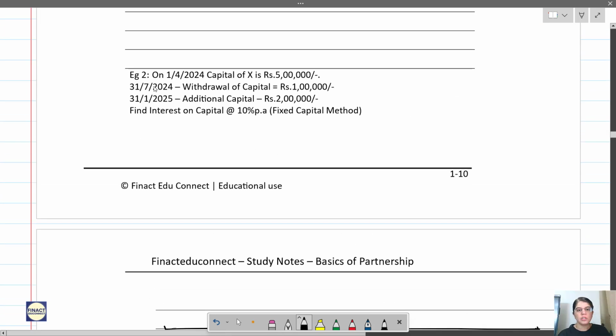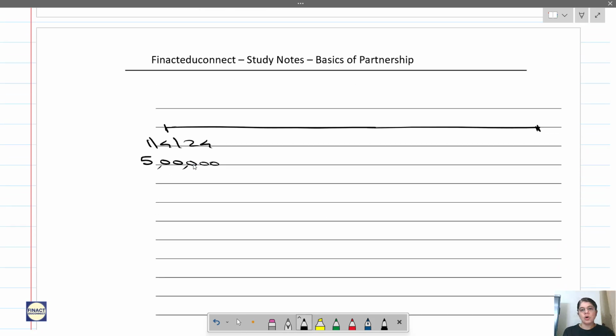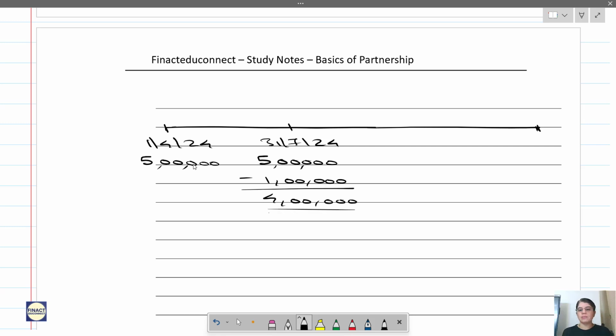On 31st July 24, there is a withdrawal of capital of 1 lakh, which will reduce my balance of capital. So 5 lakhs was the initial balance minus 1 lakh, so my balance of the capital will be 4 lakhs.